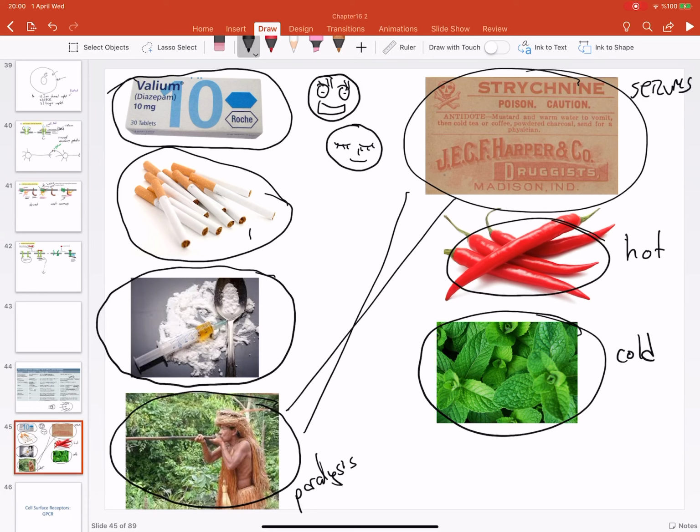Again, your cells cannot discriminate if you're really feeling cold or if you're eating mint. Unless it is aided by some taste or something, you cannot say the difference.